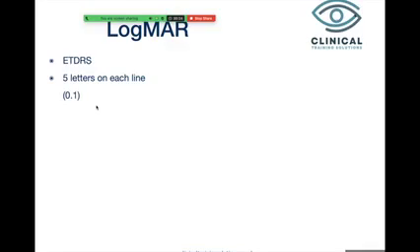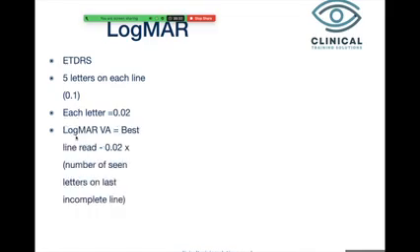Okay, so there are 5 letters on each line, each line is worth 0.1 and each letter is worth 0.02. So the logMAR is going to give you the best line read, minus 0.02 times the last letters, so the letters on the last incomplete line. Okay.